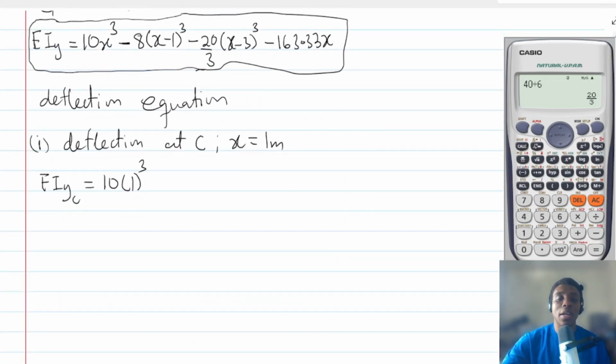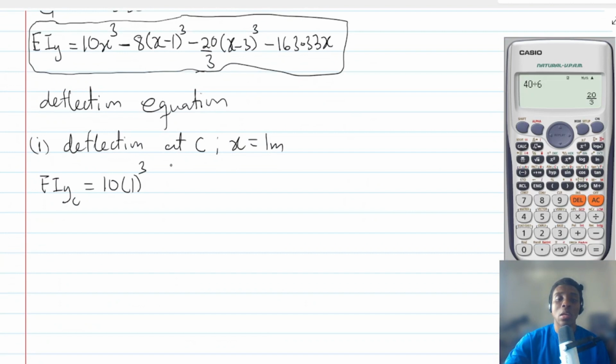Okay, and then at this point you are going to use this one. I'm sorry, you are just going to use 163.33 multiplied by 1. All right, so that is it for you. So we've gotten, okay, first of all let's find, okay, let me write it here.